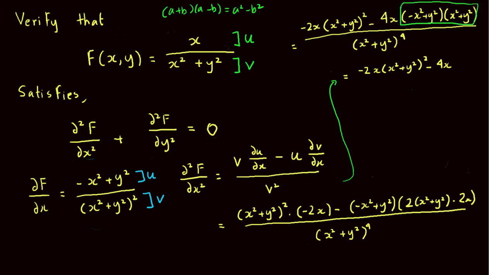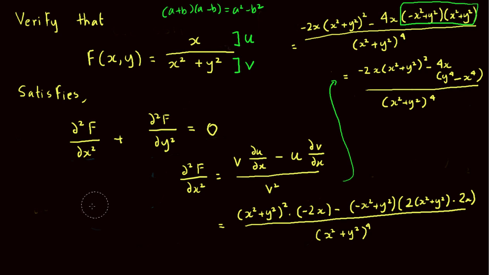So I'm going to write it as y to the power of 4 minus x to the power of 4, over x squared plus y squared to the power of 4. Hopefully that makes more sense. I know space is very limited, so I apologize for it being a bit messy. So I'm going to erase del f del x, we don't really need it anymore. I'm going to write down the new answer here.